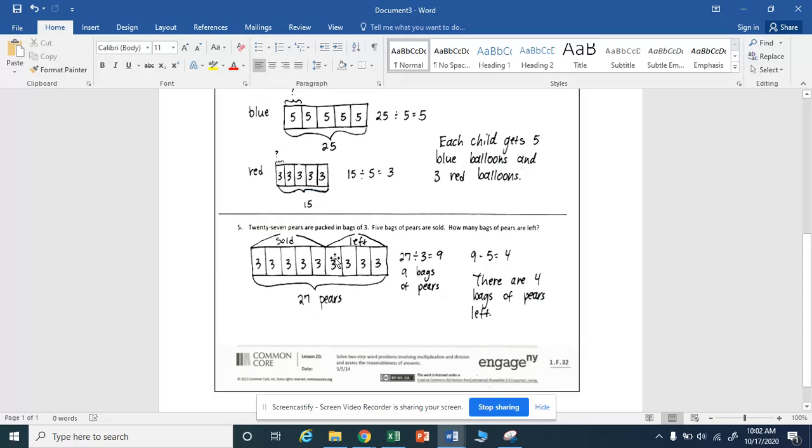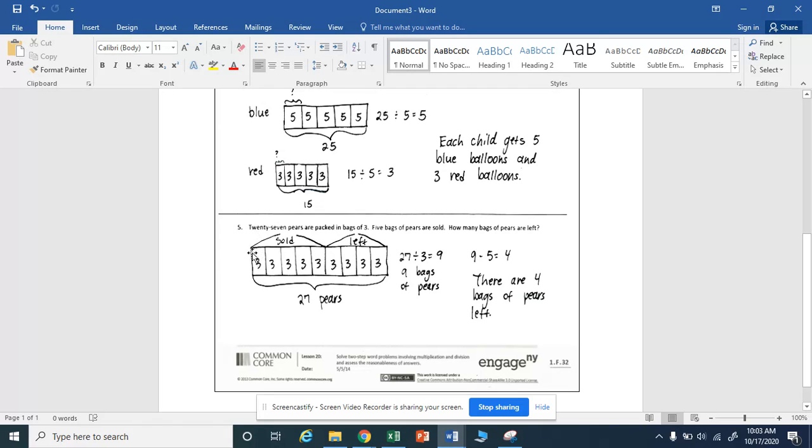So here we go. There's 27 pears, and they are packed in bags of 3. So let's do that first. We're going to draw our tape diagram. Let's start with what we know. So let's first of all draw our bags of 3 until we get to 27.